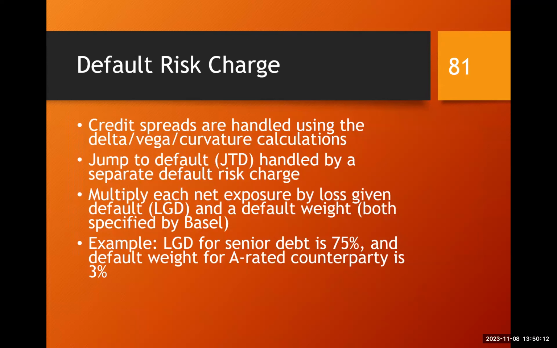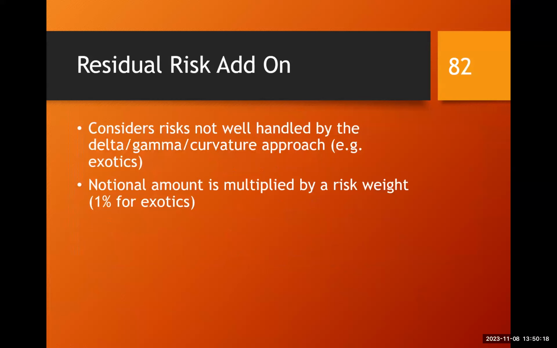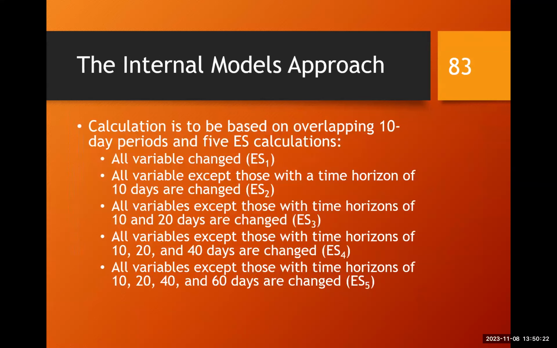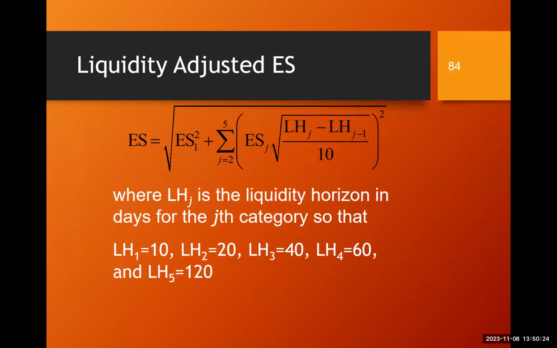We talked about default risk charge. There's not going to be any particular calculations with them, and same thing with the residual risk add-on. The last thing that I have here is liquidity adjusted expected shortfall.